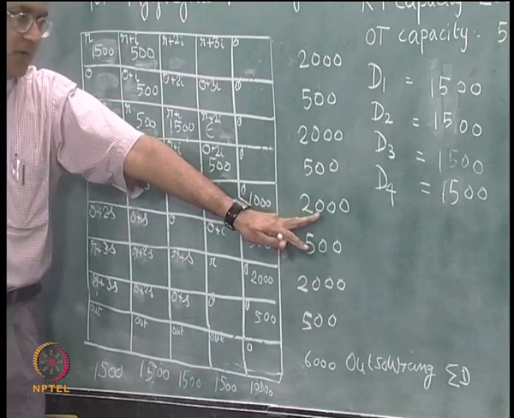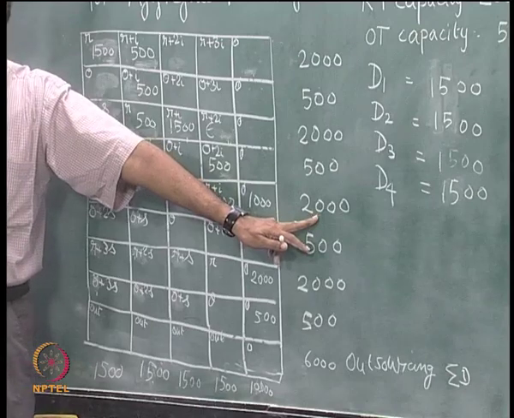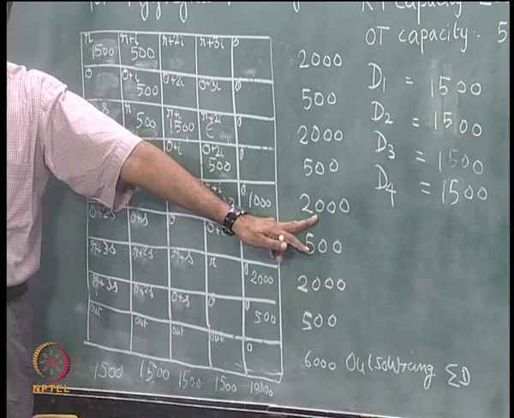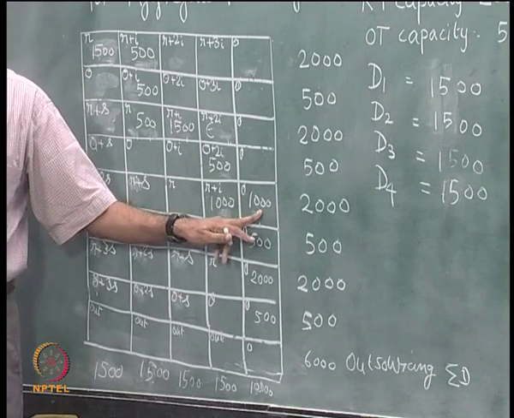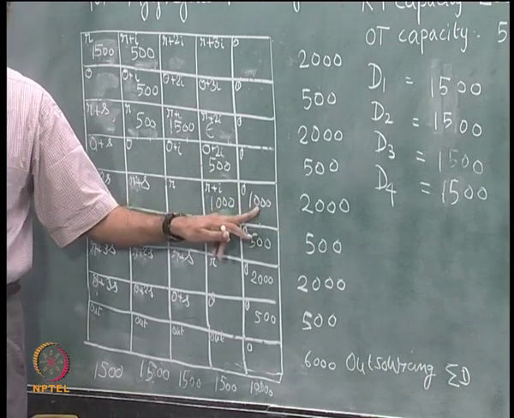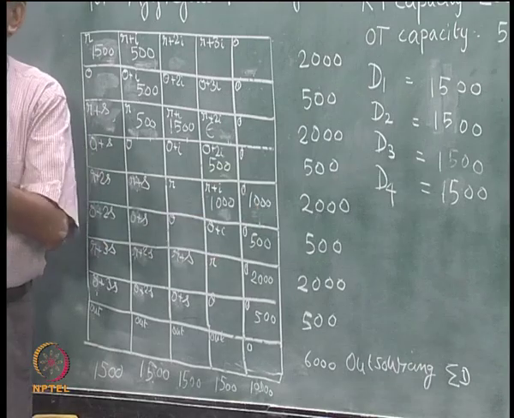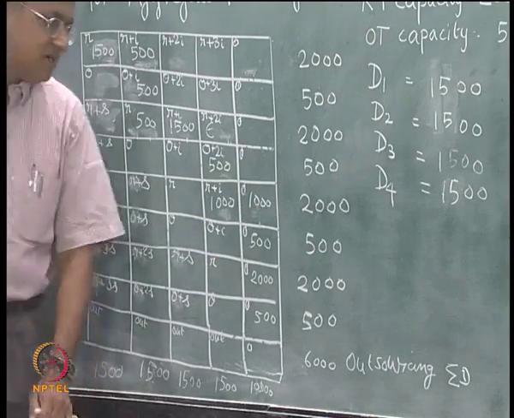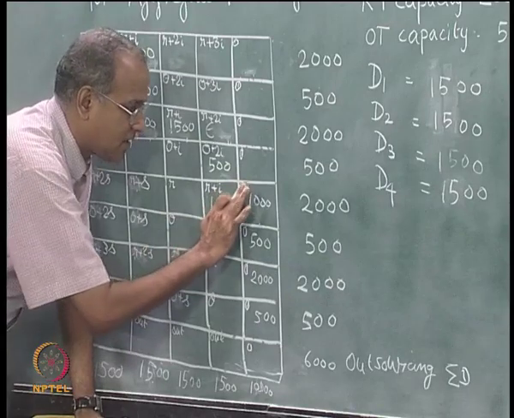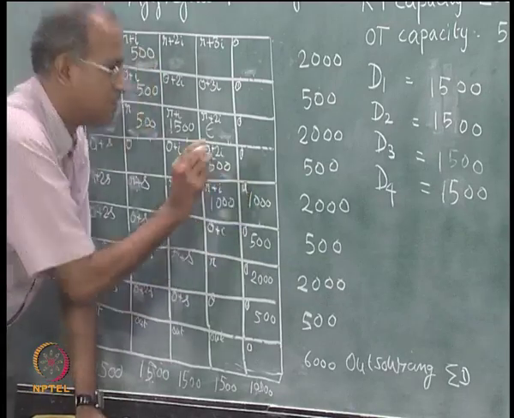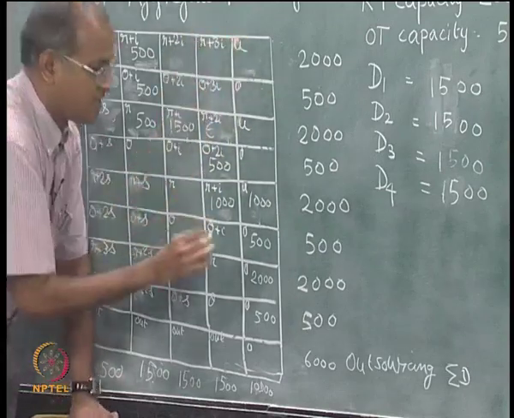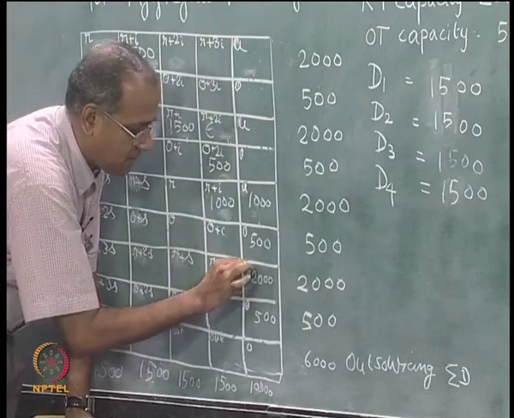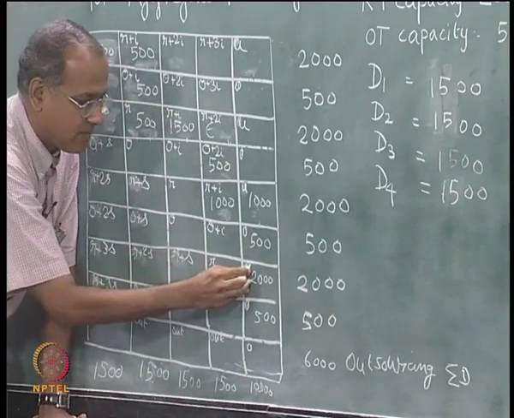For example, if you look at this, this is a regular time of 2000 available, 1000 has been utilized, 1000 goes to dummy, which means this 1000 is not utilized, which means it results in an underutilization cost. So, there will be underutilization cost here, here, and here.